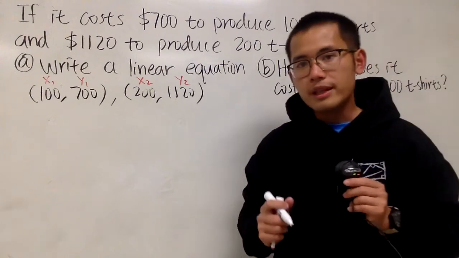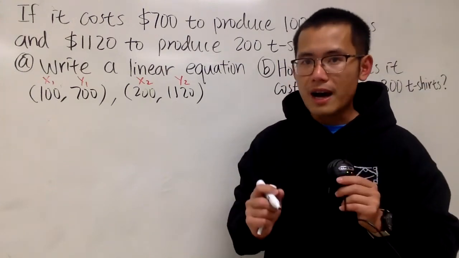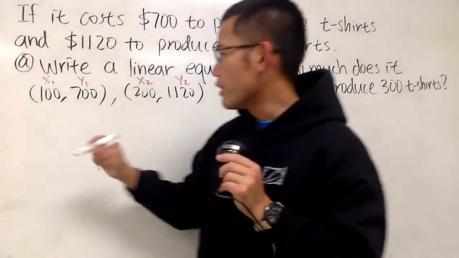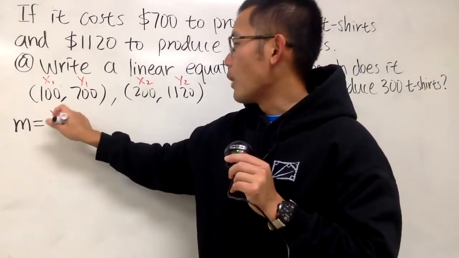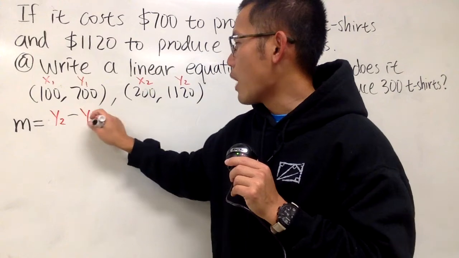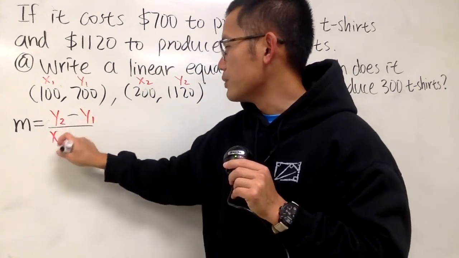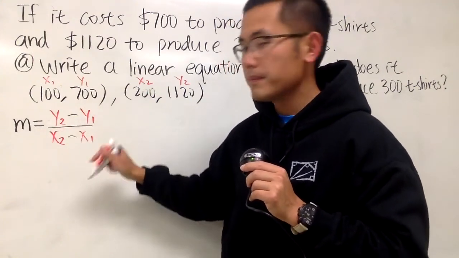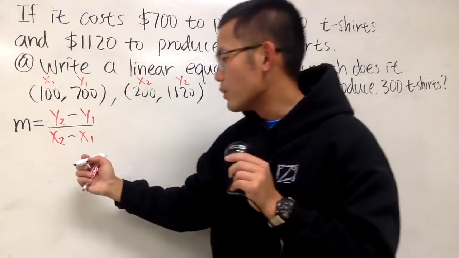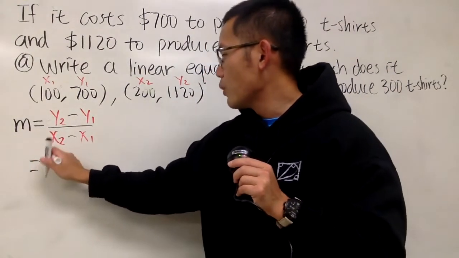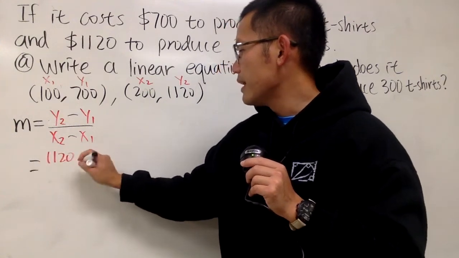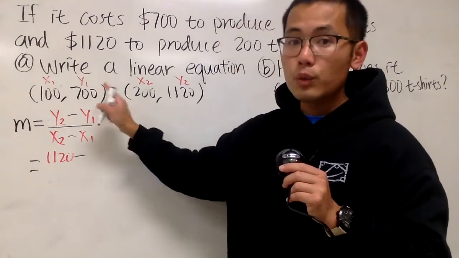All right, remember to write a linear equation, we always have to find the slope first. So let's get to work. The slope is m, and that's equal to y2 minus y1 over x2 minus x1, yeah? And then throwing the numbers in. Here we have y2, namely 1,120, minus y1, which is 700.